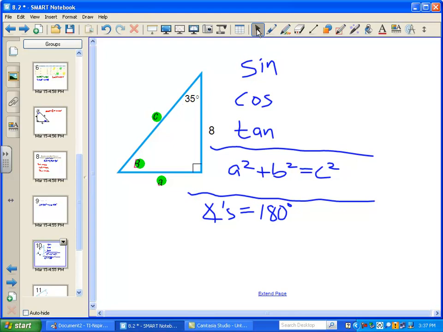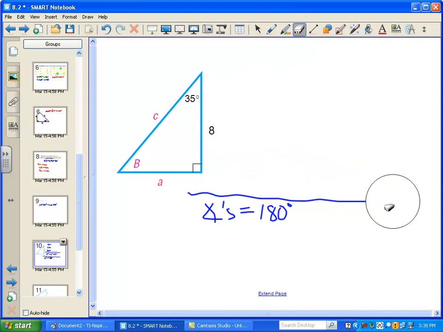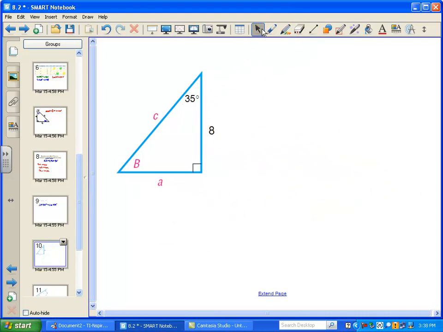So let's try to pick out the easy ones to attack first. Looking at what I've got, I'm pretty sure that I can't use the Pythagorean theorem because I'm still missing a and c. But I could use the idea that all the angles add up to 180 to figure out the value of b. Right, b's the only missing angle.